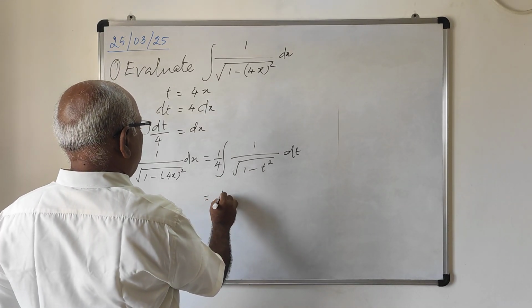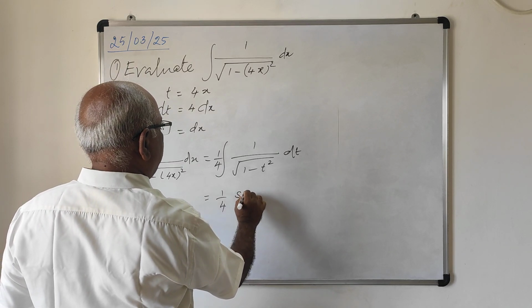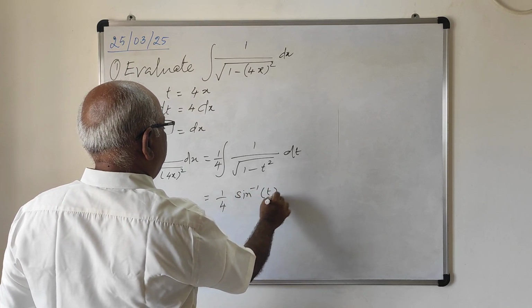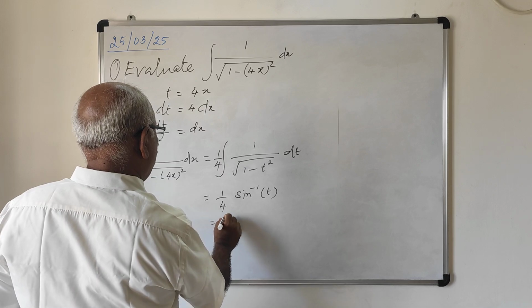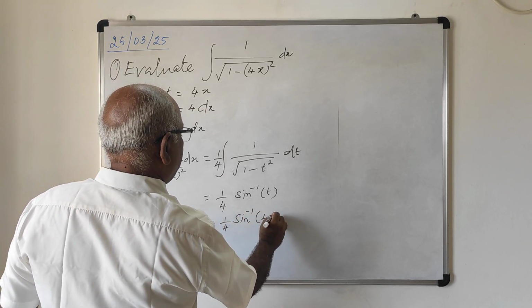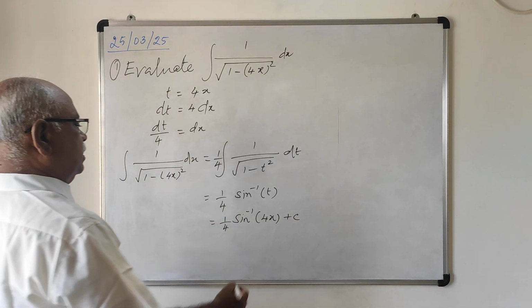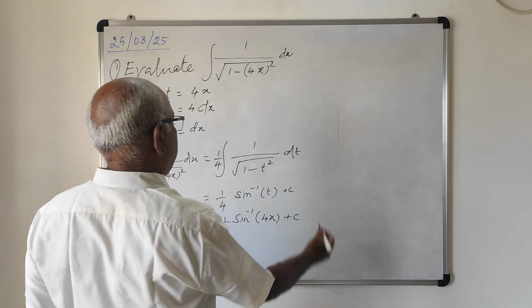This is equal to 1 by 4 into integral 1 by root of 1 minus t square, which is sin inverse t, and t can be replaced by 4x. So you get the answer 1 by 4 sin inverse of 4x plus c. That's the answer, with integrating constant c.